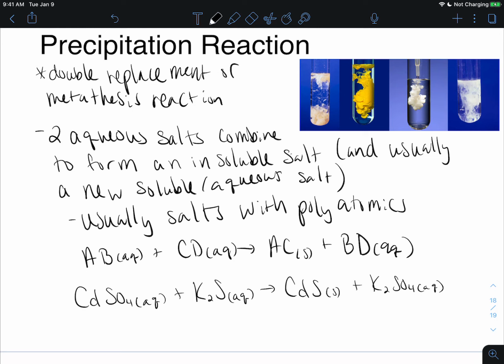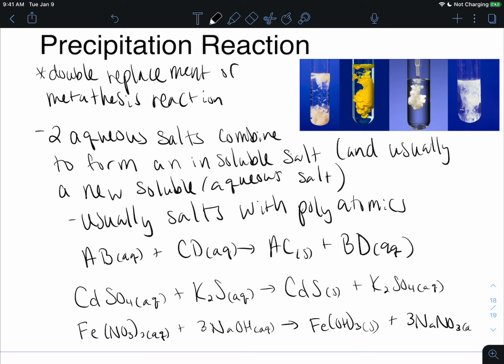Another example, iron(III) nitrate reacts with sodium hydroxide to produce iron(III) hydroxide in the solid state plus sodium nitrate.